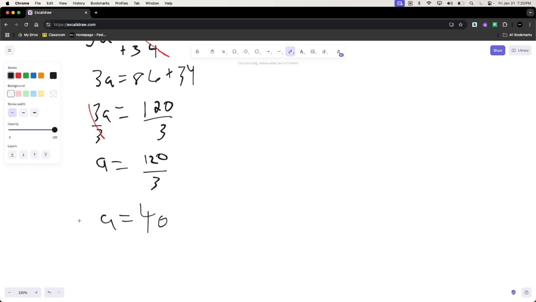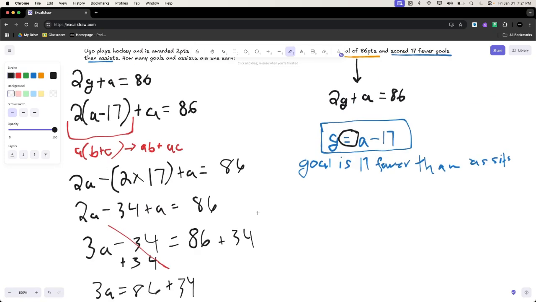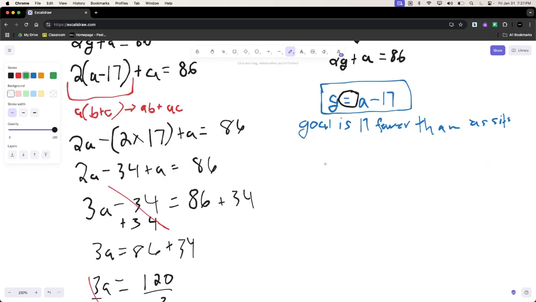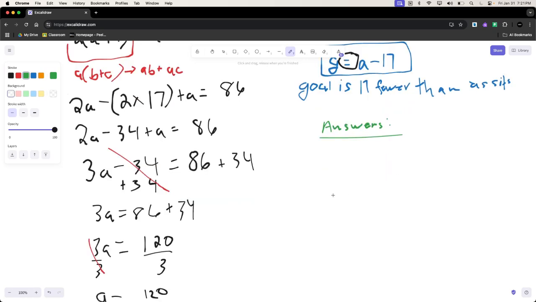Now a is the amount of assists. So if I go back up over here, I'm going to add my answers here. So I'll just call this section my answers, right? So within my answers, A equals 40, and therefore we have 40 assists.